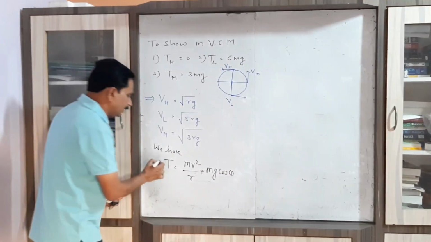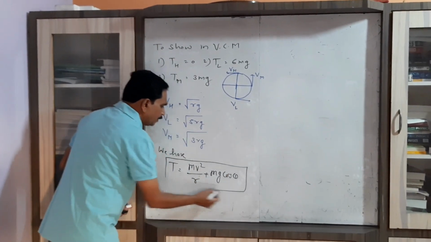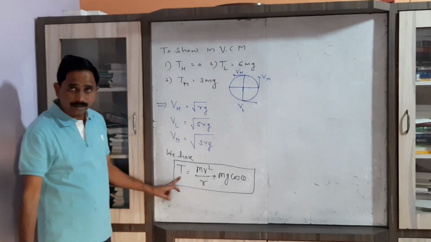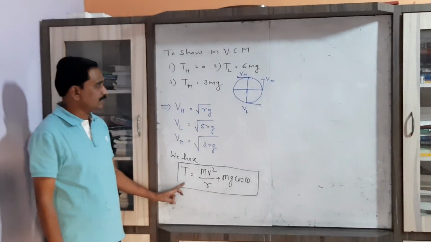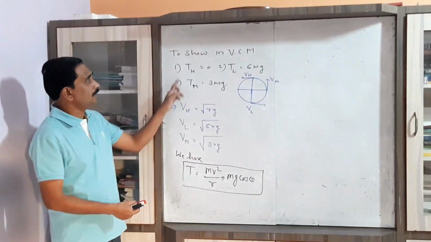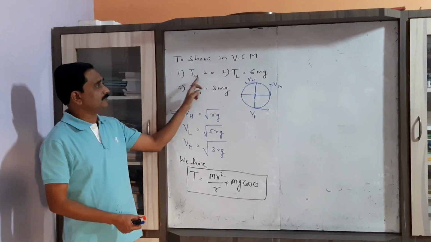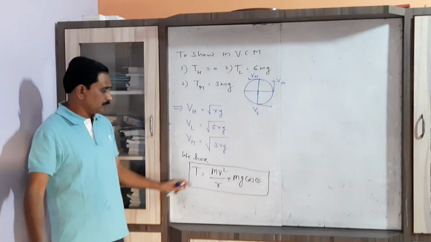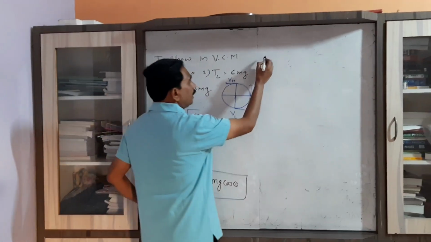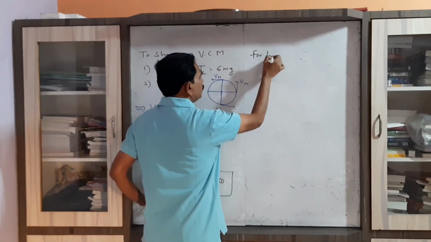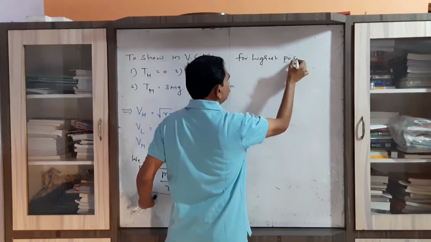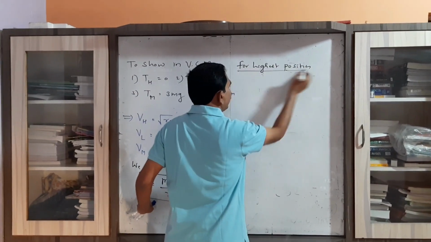Now, considering a particular position, first of all you have to convert this formula for tension for that particular position. First we have to show the tension at highest position equals 0, so we consider the formula for the highest position.